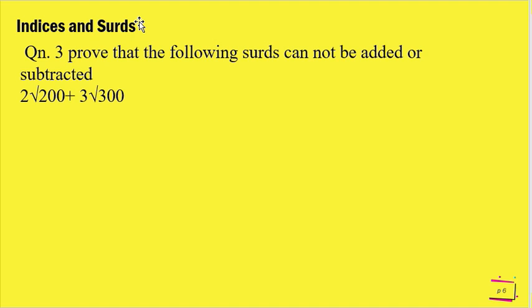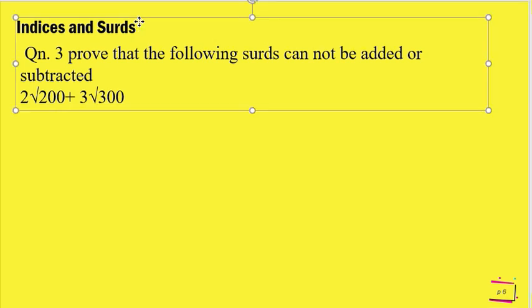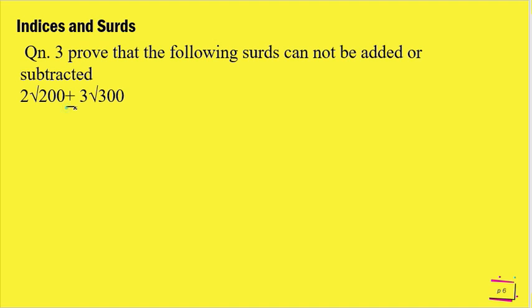subtracted. So meaning we have either addition or subtraction signs there. So prove that these two surds cannot be added or subtracted.